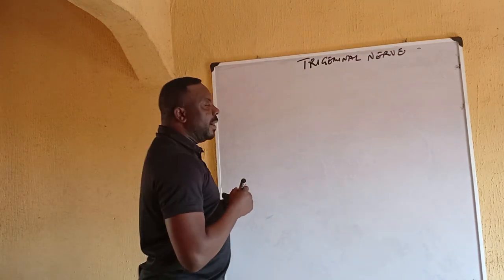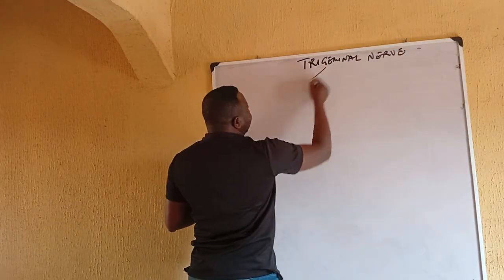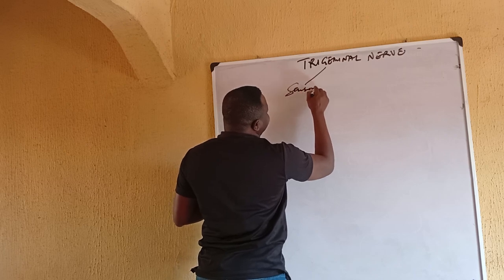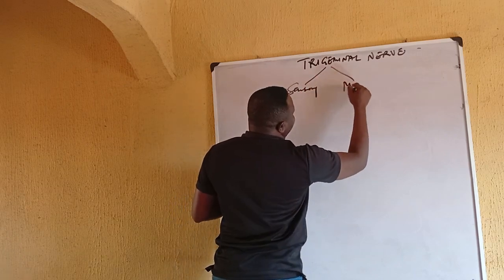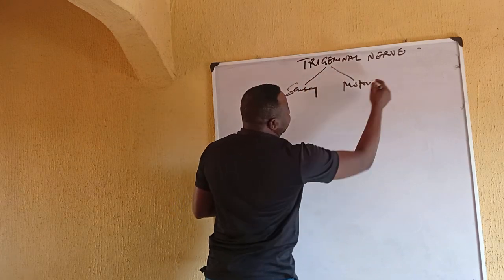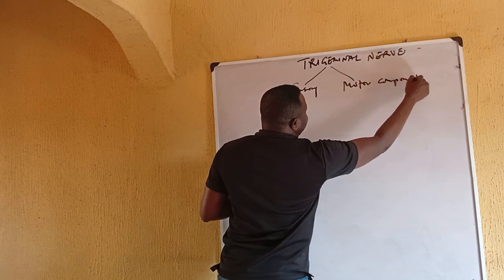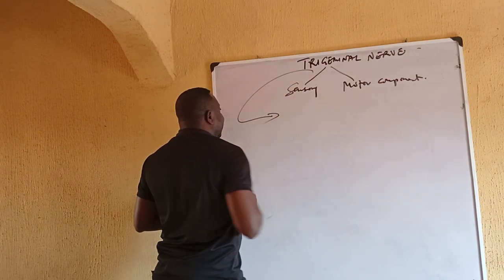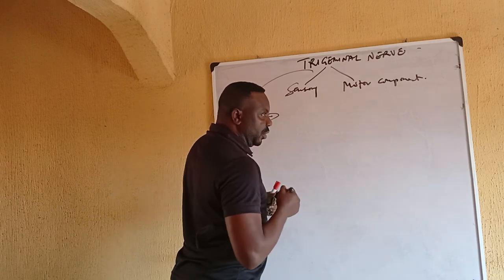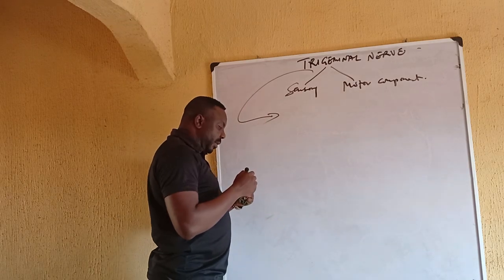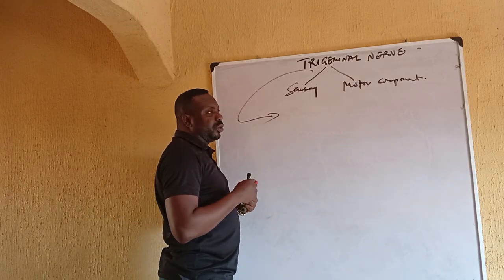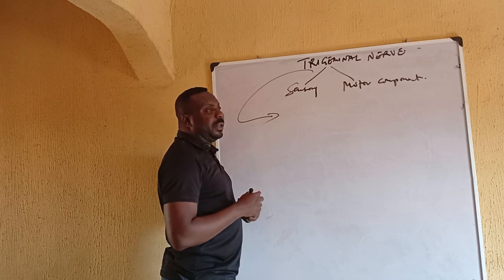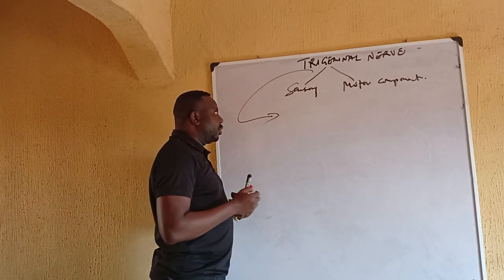Now, the trigeminal nerve consists of a sensory component and a motor component. The trigeminal nerve actually carries proprioceptive information from the face, that is from the muscles of facial expression, and also carries proprioceptive information from the muscles of mastication.